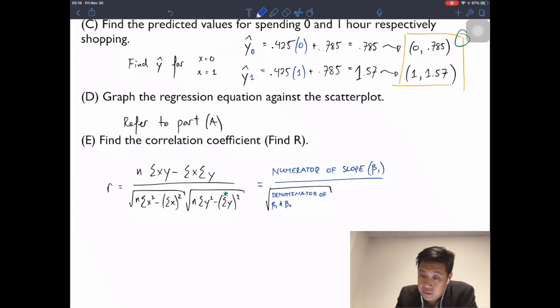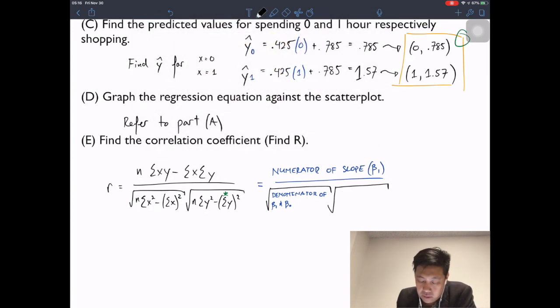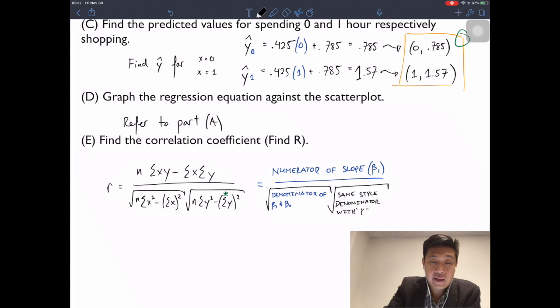The only thing that's new is this second one right here, but this is basically the same style denominator, but y for x, I should say, with y instead. And you can see it because it's the same exact thing with y's instead of x's.